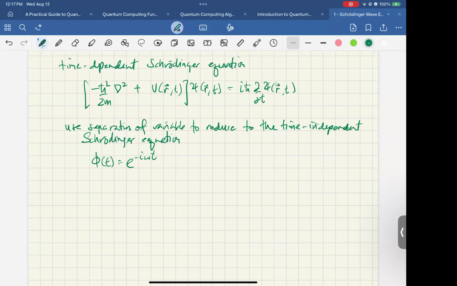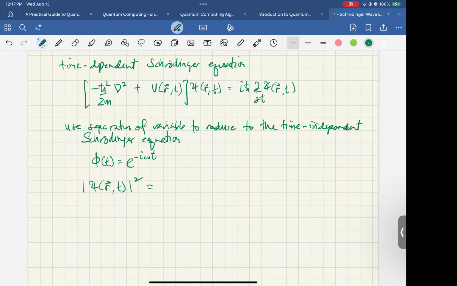So what happens to the probability? Remember the probability when it becomes time independent. If we have the time dependent solution, the probability density is given by this.